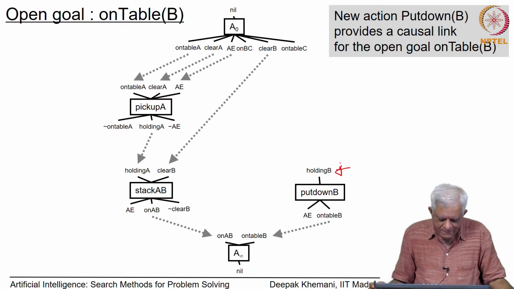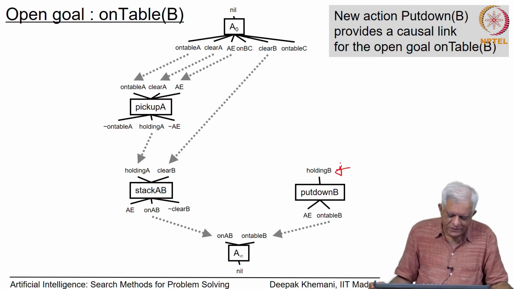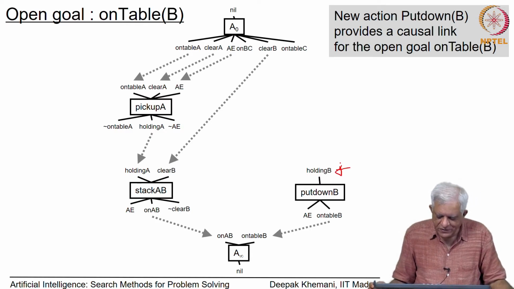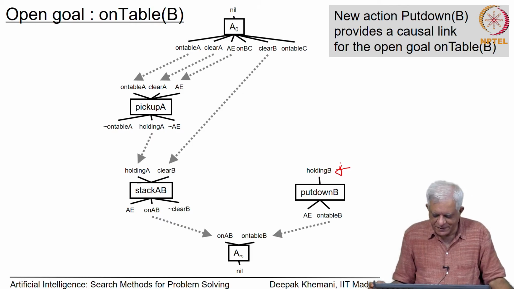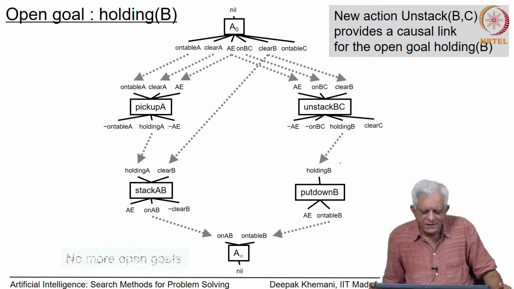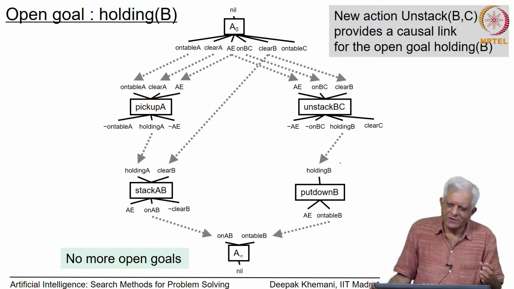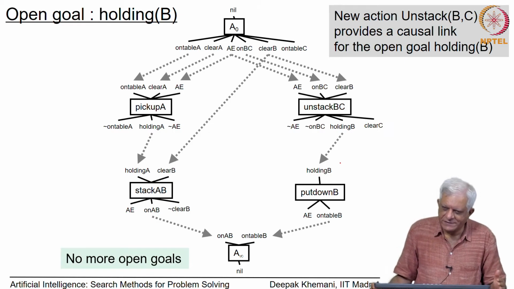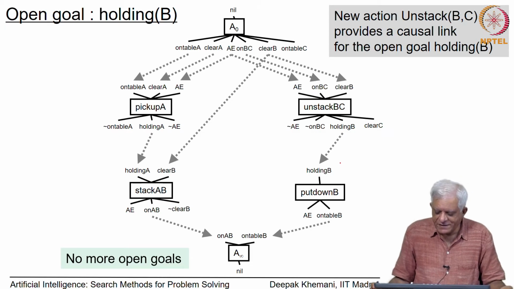Holding B, like holding A that we saw earlier, could have been achieved either by unstacking B from something or by picking up B from the table. And let us say somehow we manage to pick the right action in this case. Maybe we can look at the effects of the start state or maintain that somewhere to guide search in a way, so that we only select meaningful actions.